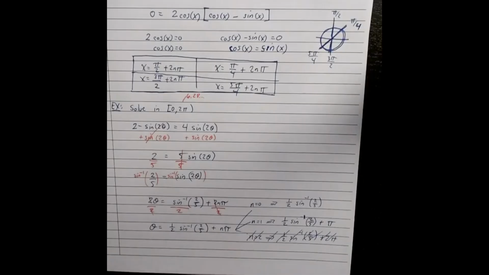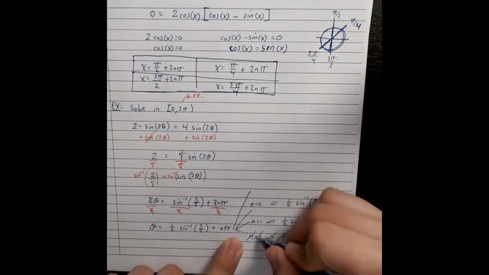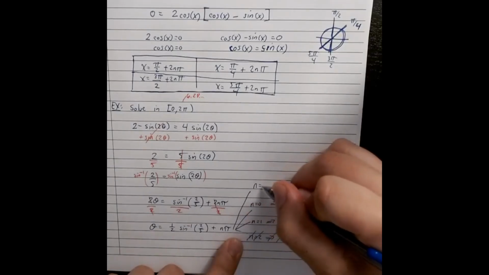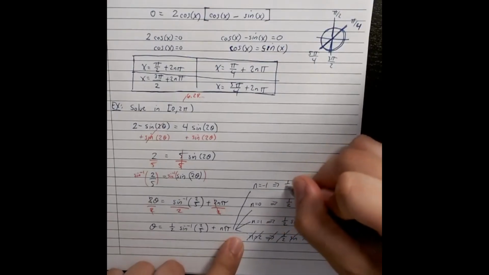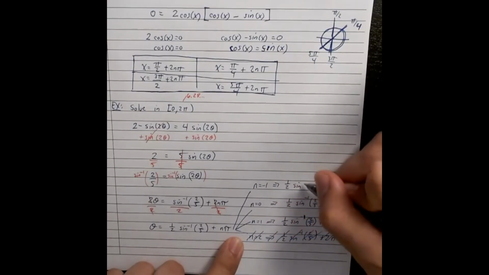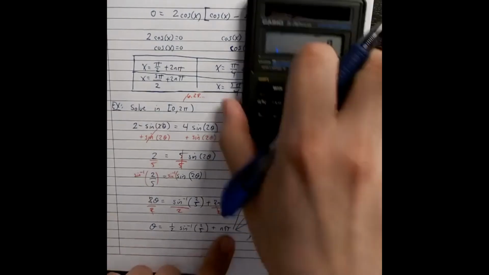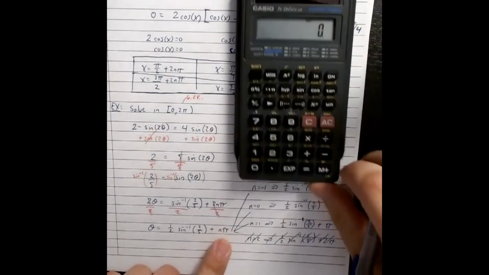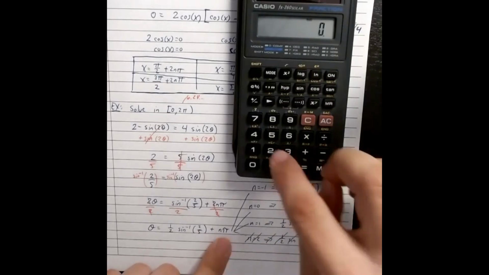All right? Keep in mind, n is an integer. It could be negative. But again, we run into the same problem we had over here. n could be -1. But if we did that, that would be 1/2 times the sine inverse of 2/5, and that would be -1 times pi. So that would be minus pi. And again, that would not be in our interval, because this right here is a positive number, but it's a very small positive number.